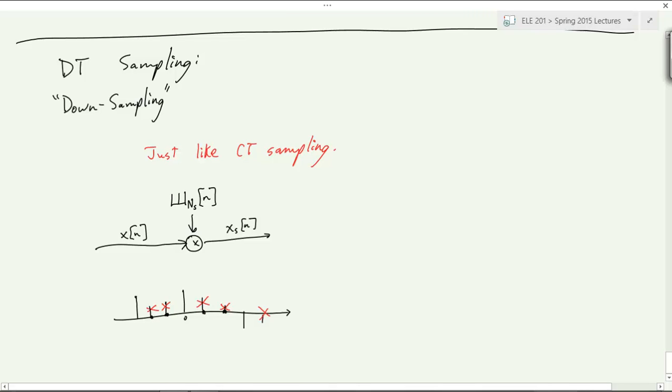Well, the reason to downsample was so that you could get fewer samples. So then you remove the zeros. You convert this to actually a new discrete time signal. Remove zeros. In fact, I'm going to call this a new one, XS.